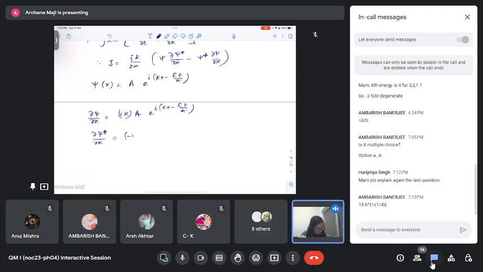Okay, so the exponentials get cancelled out, and mod of a square minus ik. So 2 times minus ik, and minus i times i will give you plus 1. So h cross k divided by m mod of a square is the probability current. So the right option is then, yeah, as you said, B.